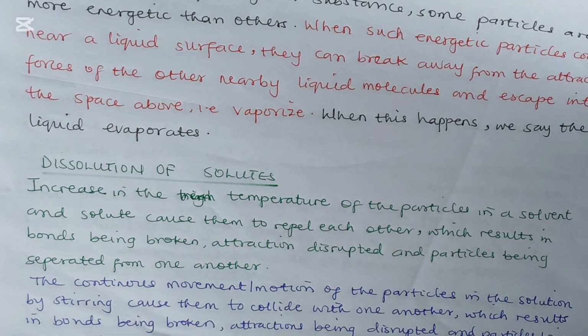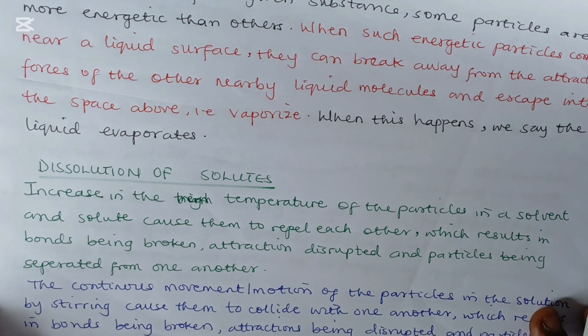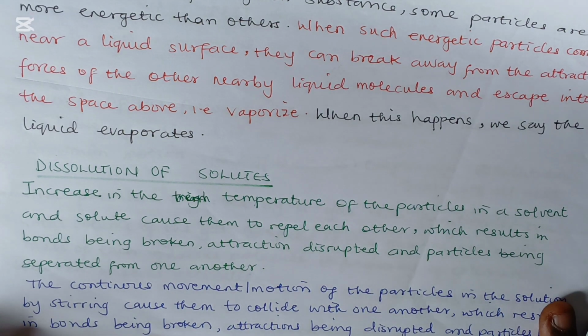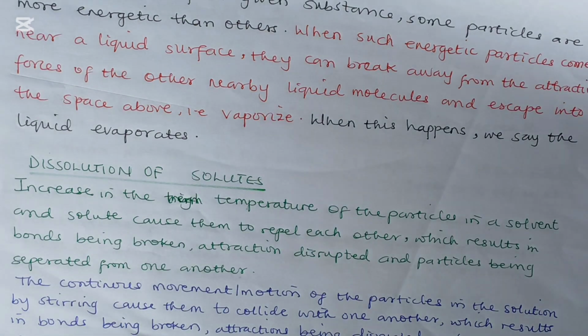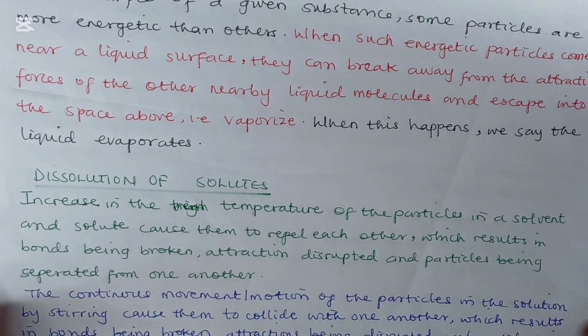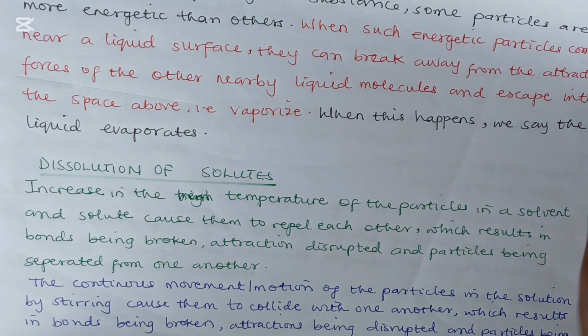When you add salt, for instance, table salt, to water, and then you increase the temperature by stirring or by heating directly, the bonds holding the particles of the solute, that is the solid that you dissolve in the solvent, which is the water, begin to break, and there will be no attraction between the solute and the solvent, that is between the salt and the water. There is a kind of repulsion. They repel each other as temperature increases. The particles are not attracted to each other, and then they begin to separate from one another.